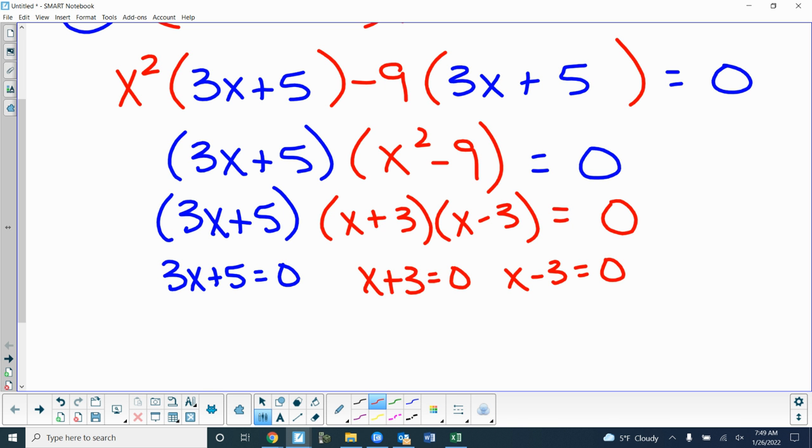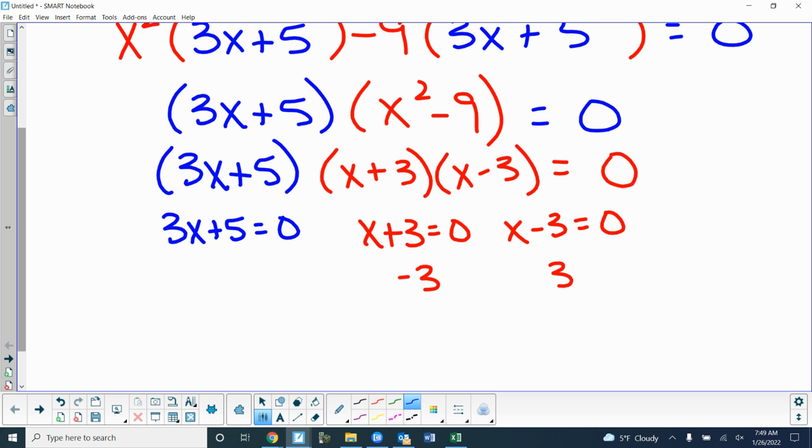Okay, but most of you can tell me, at least for these two, this one's negative 3 and this one's positive 3, right? This one, sometimes we got to do the work just to make sure, but we're going to subtract 5. And then divide by 3.